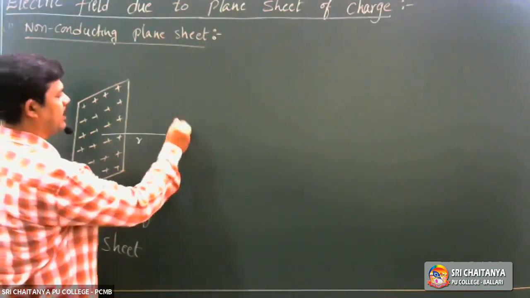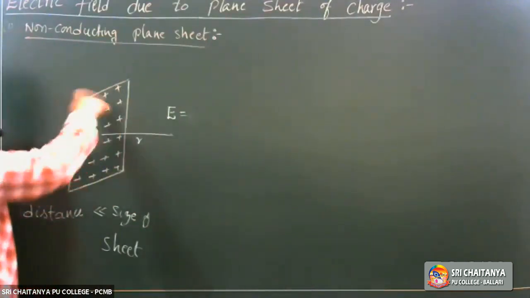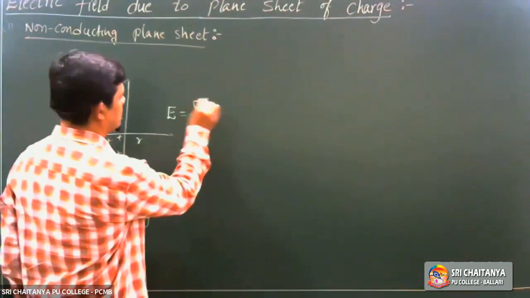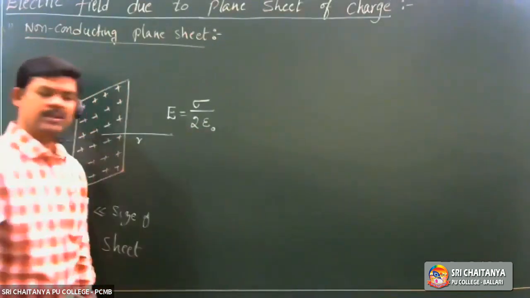At this point, if you are asked what is the electric field due to this sheet, either here or here, what is the electric field? We derived sigma by 2 epsilon naught, right?